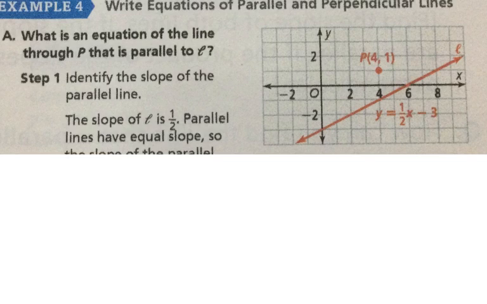This is going to say y minus 1 equals -2x plus 8. Add 1. Y equals -2x plus 9. So that's the equation of a line perpendicular to the given line through that point.